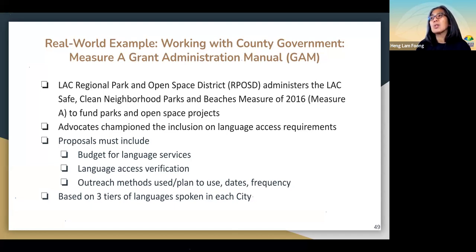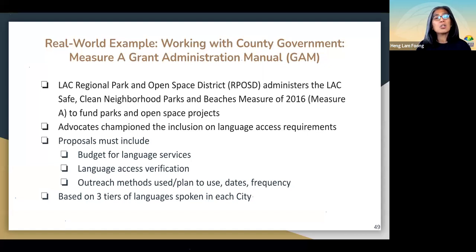They administer Measure A funding from 2016 called the LA County Safe, Clean Neighborhood Parks, Beaches. What this funding does is it builds parks in park poor communities. It offers job development for youth. So there are multiple avenues that it dispenses funding into the community.